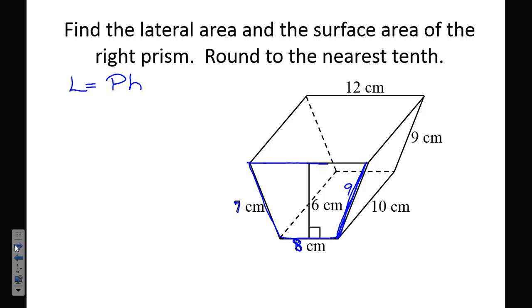And then finally, 12. So to find the perimeter of my trapezoid, I need to add up all the sides. Every single side of my trapezoid. Okay, so you're adding 12 plus 9 plus 8 plus 7 and getting 36.